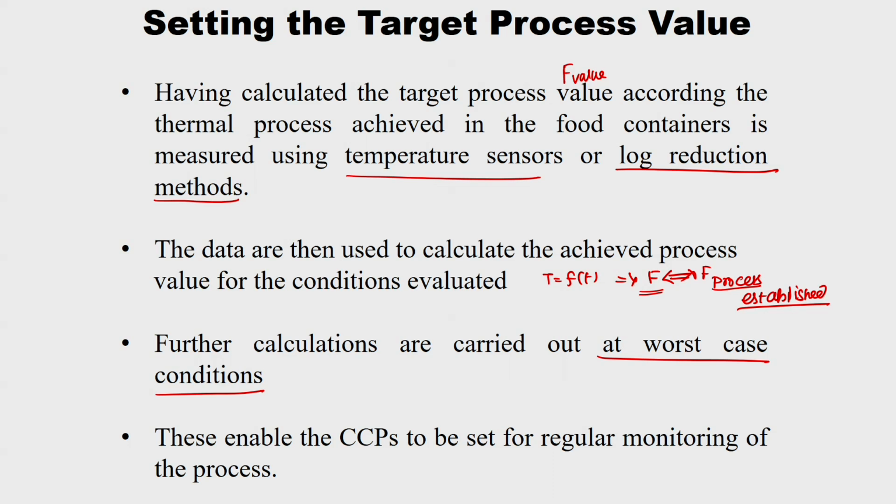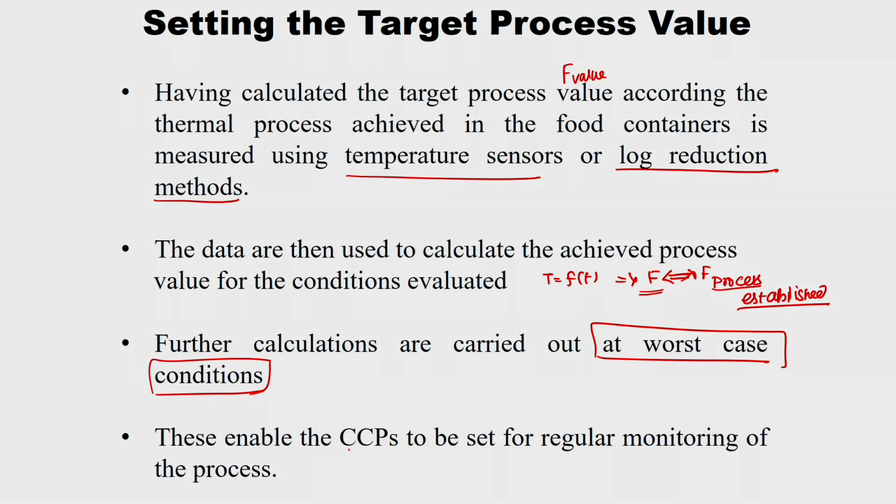So when your holding time is higher, automatically you will get a better F value, for which the targeted log reduction will be happening. So for the worst condition to be selected, we need to understand the food properties as well as the container as well as the process establishment, right.